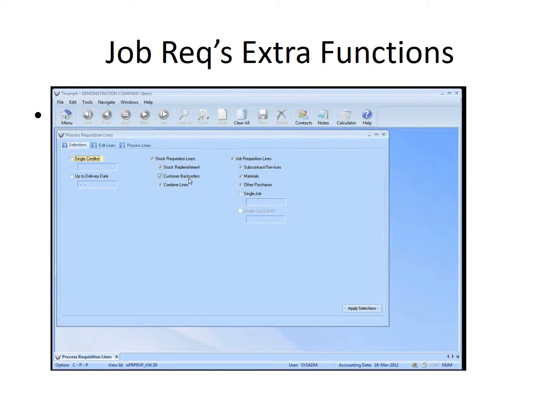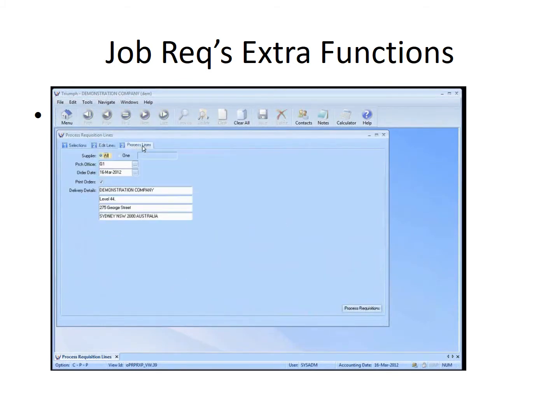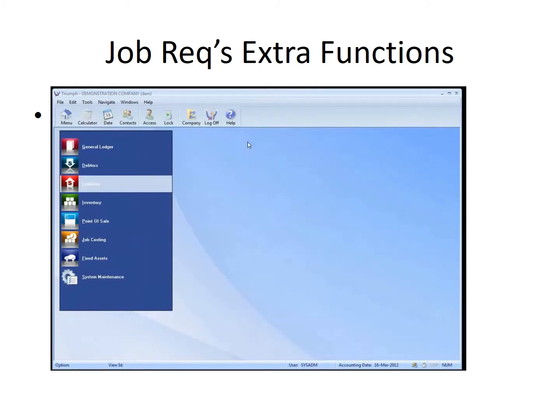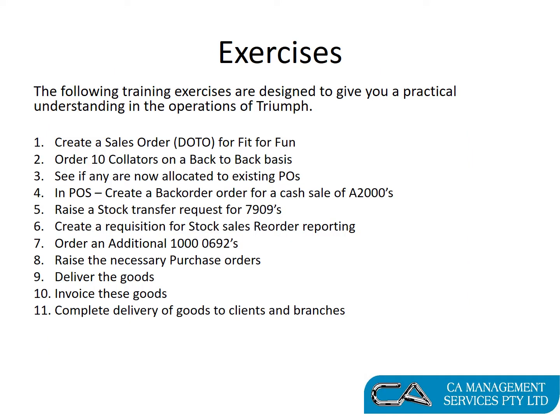I can get back orders coming through from stock transfers, from point of sale, from sales order entry, combining them all together, or I can get job purchase requisitions coming through from subcontracting materials, other purchases, and throwing through into this, where I can then edit the lines and then process them through into orders. Okay, that covers all the extra bits in purchase requisition.